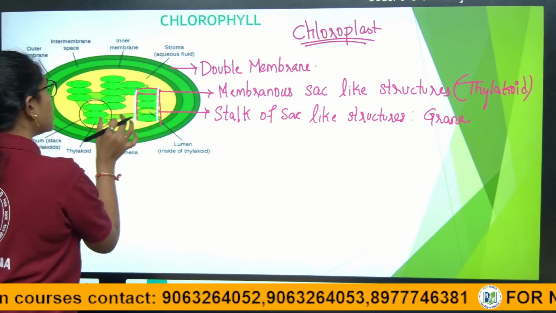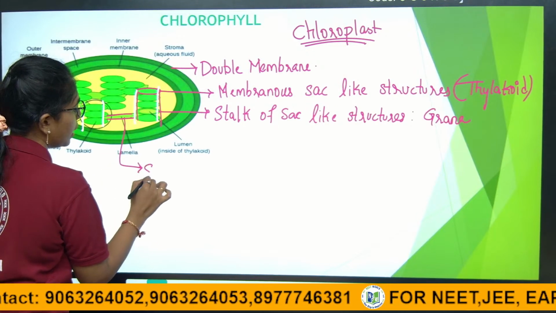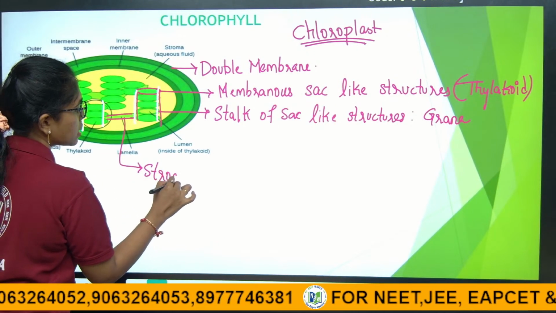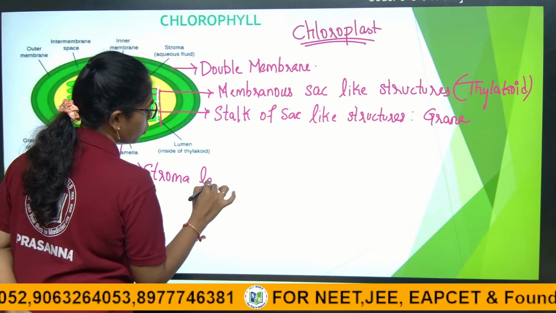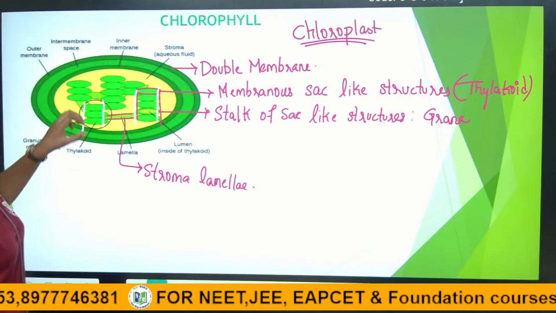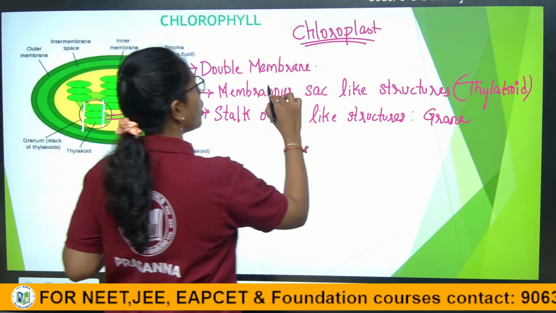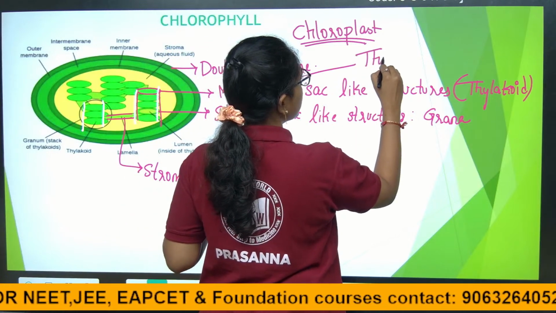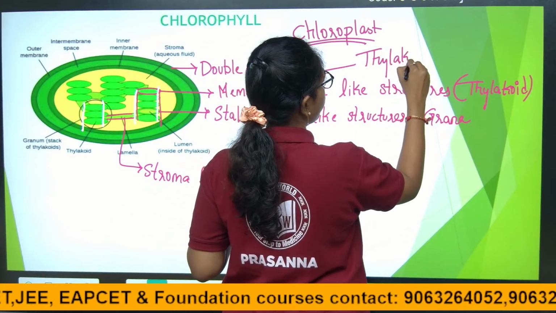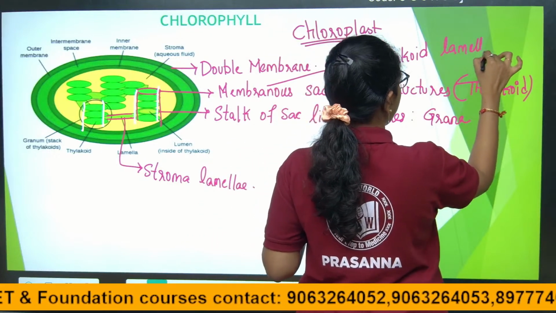One granum is connected to another granum by stroma lamellae. The membrane of the thylakoid is called the thylakoid membrane or thylakoid lamellae.